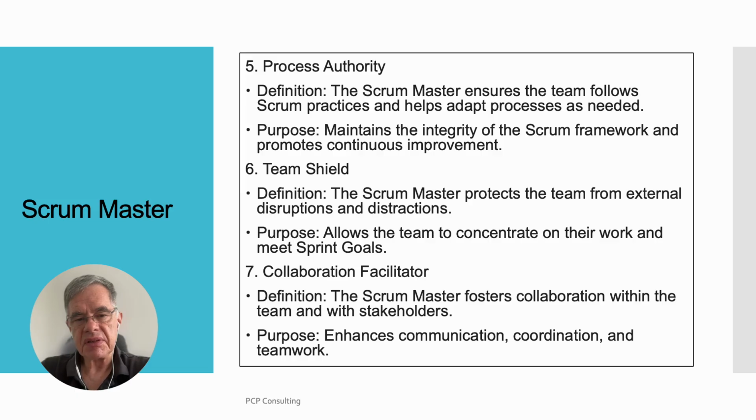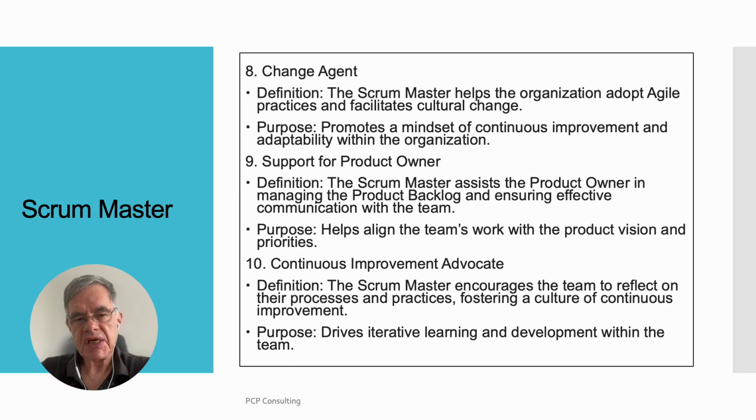Collaboration Facilitator. The Scrum Master fosters collaboration within the team and with stakeholders, enhances communication, coordination, and teamwork. Change Agent. The Scrum Master helps the organization adopt Agile practices and facilitates cultural change, promotes a mindset of continuous improvement and adaptability within the organization. Support for product owner.